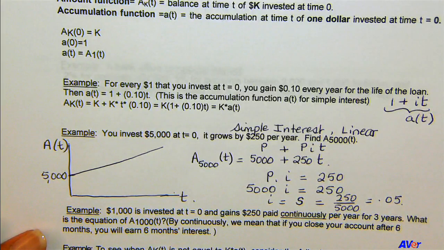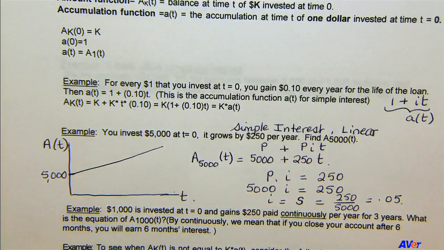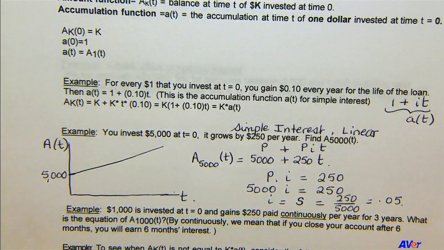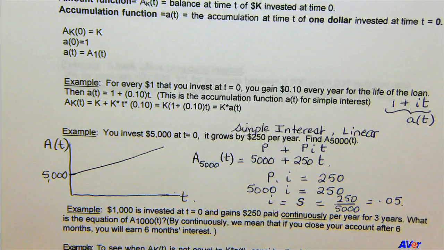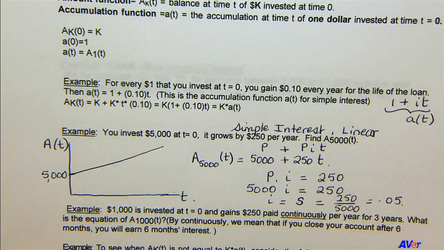Let's do the next example. 1,000 is invested at t equals 0 and gains 250 paid continuously per year for 3 years. What is the equation of A 1,000 of t?